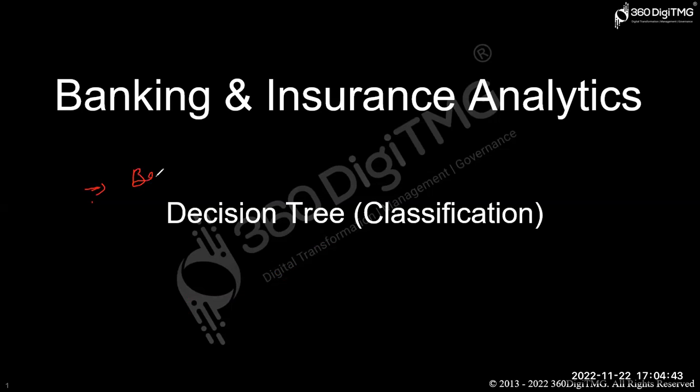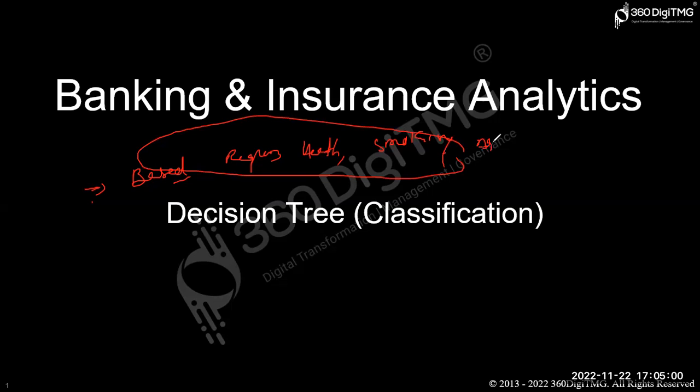Based on the features, region, and the particular person's health conditions, whether he has smoking habits or not, the various inputs we have taken, age and others, based on those inputs we predicted what exactly the insurance price is, how much he has to pay for that particular insurance, in the last session.